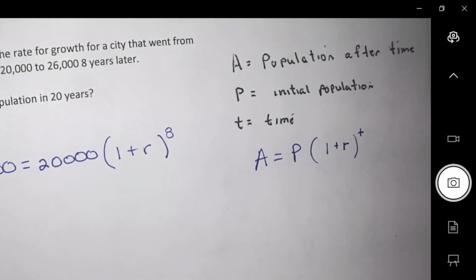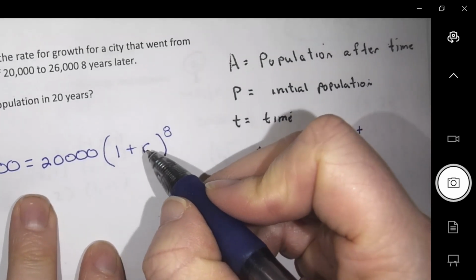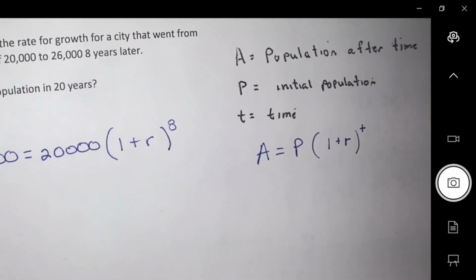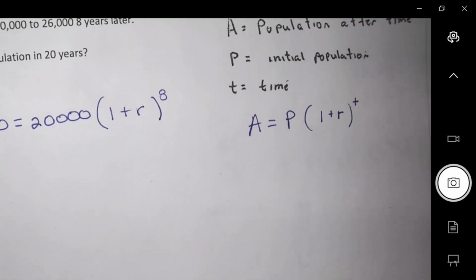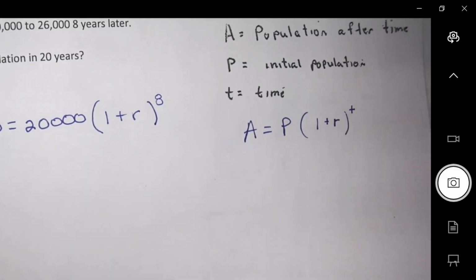It's two parts: we find the rate, and we use the rate to find the population. Would it be the same as the population? No, because you don't need logs to do this. Would the formula be the same?